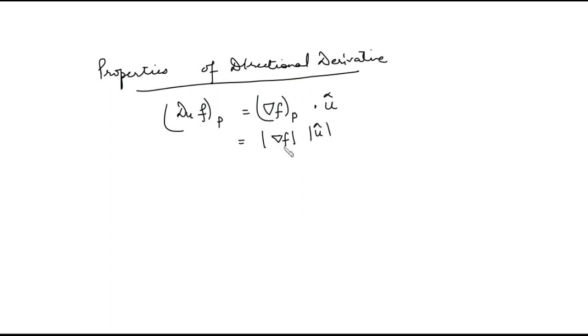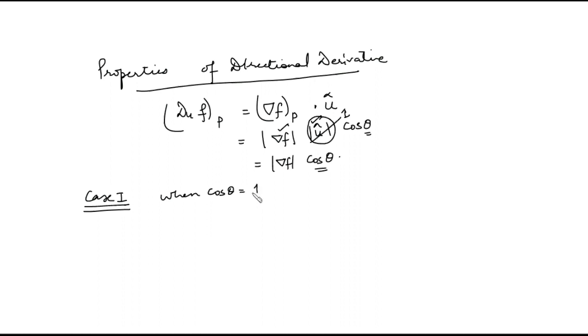We can open this dot product: this is mod of del f into mod of unit vector into cos theta, where theta is an angle between the gradient and the unit vector. Now since it is a unit vector, the mod of the unit vector will be 1. So we will be left with mod of del f into cos theta. Now just see case 1, when this derivative has the maximum value, when cos theta will be 1.